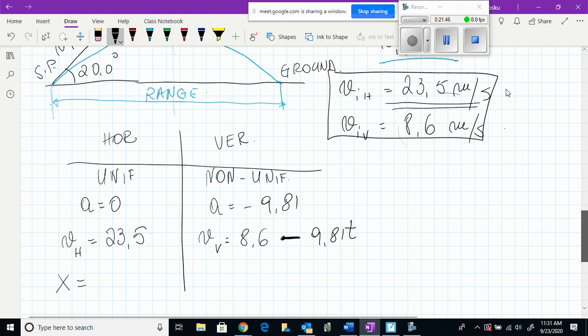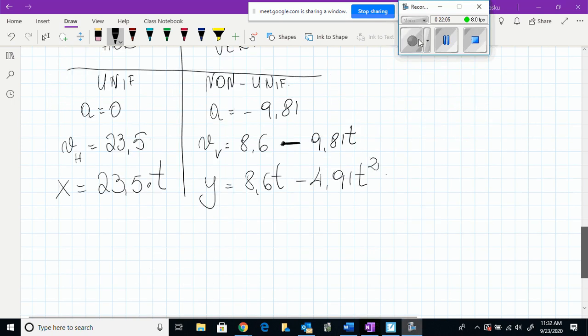And for the displacement, we'll go 23.5 times t, and y will be 8.6 t minus 4.91 t squared. Questions up to this point?